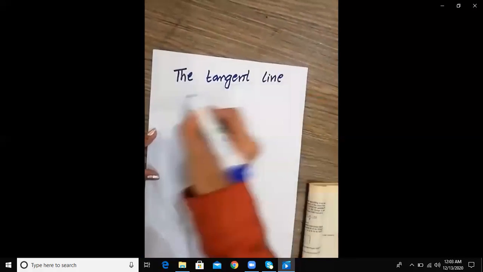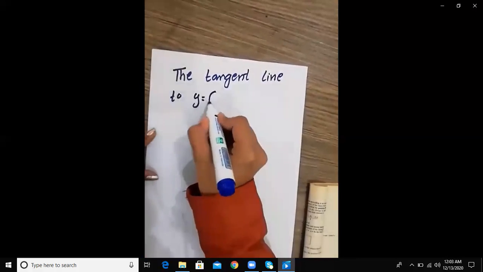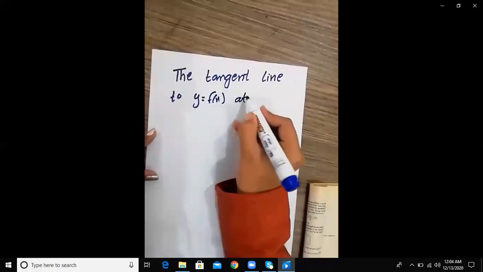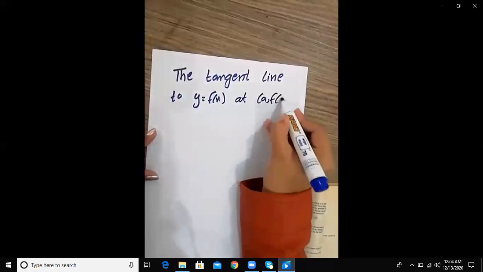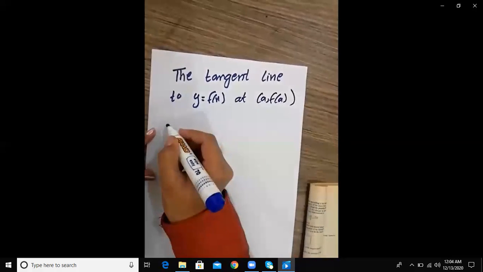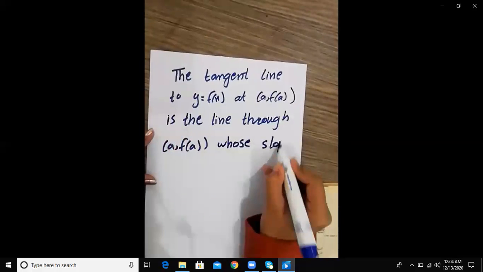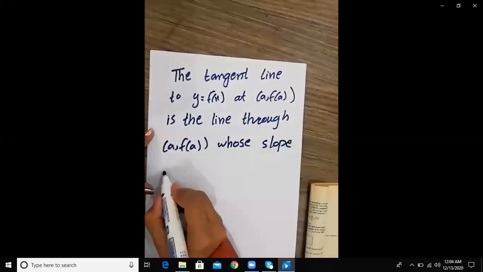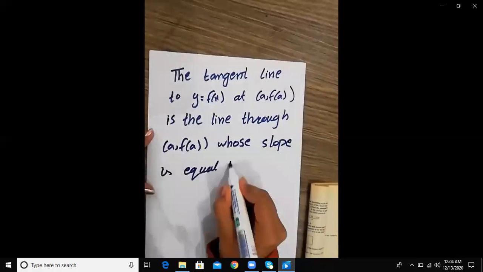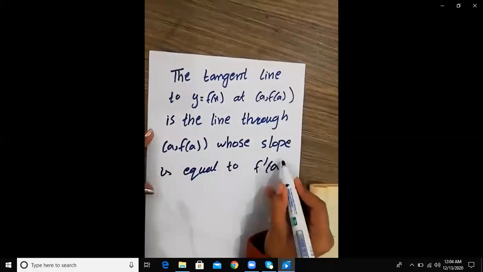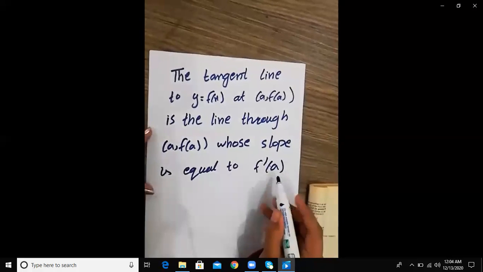to the given function or equation y is equal to f of x at point a, f of a, is the line through point P whose slope is equal to f prime of a, which is the derivative of the function f at a.